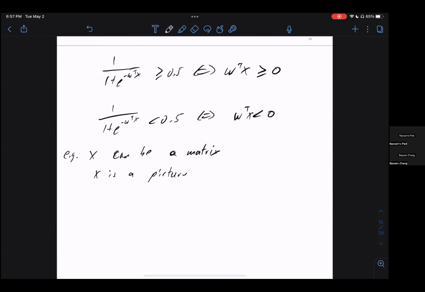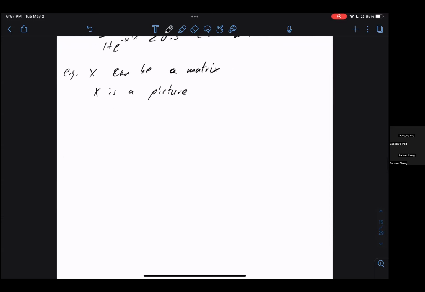Let's say you have a very small picture, 16 by 16. A picture is basically a matrix. You have pixels in the picture, so you have a 16 by 16 picture.